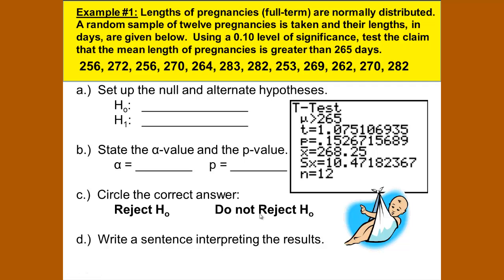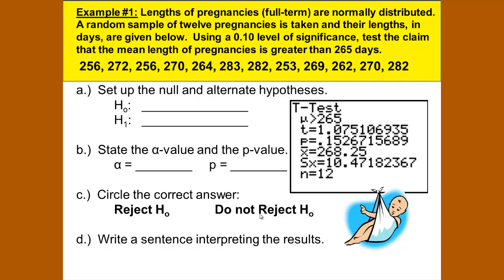Mrs. Borlaug has called this example 1. Lengths of pregnancies, full term, are normally distributed. A random sample of 12 pregnancies is taken and their lengths in days are given below. Using a 0.10 level of significance, test the claim that the mean length of pregnancy is greater than 265 days.